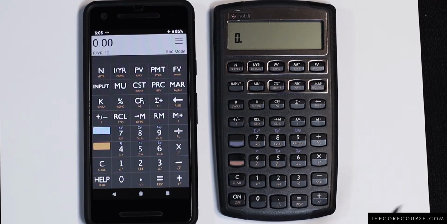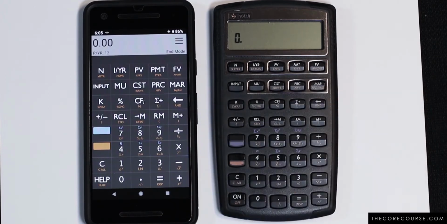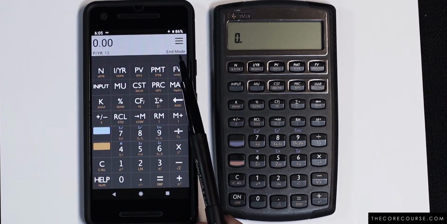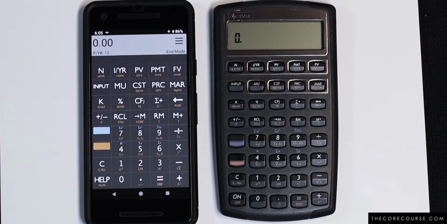Over on the right-hand side, you can see here we have a MAR button. What MAR does is it toggles the recognition of when cash flows are paid or received, either at the beginning of a period or at the end of a period. So you can see here in the app, it says it's in end mode, and the hard calculator doesn't show anything. I'm going to toggle both of them to beginning.